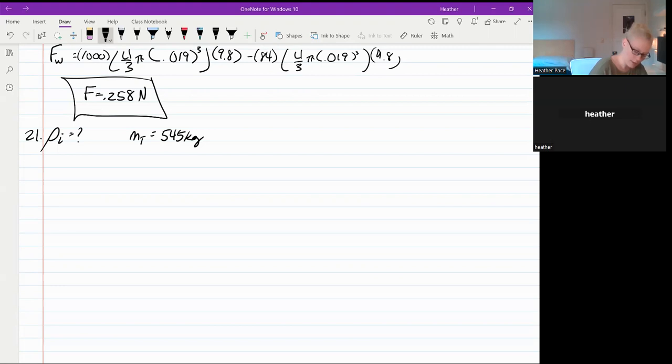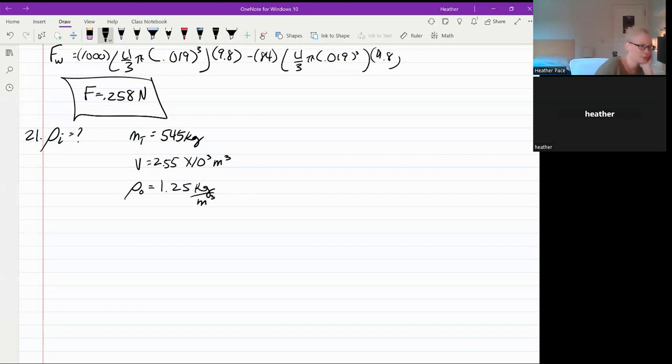And holds, so volume is 2.55 times 10 to the 3 meters cubed. That's big. And the ambient air density, so the air density outside, is 1.25 kilograms per meter cubed.